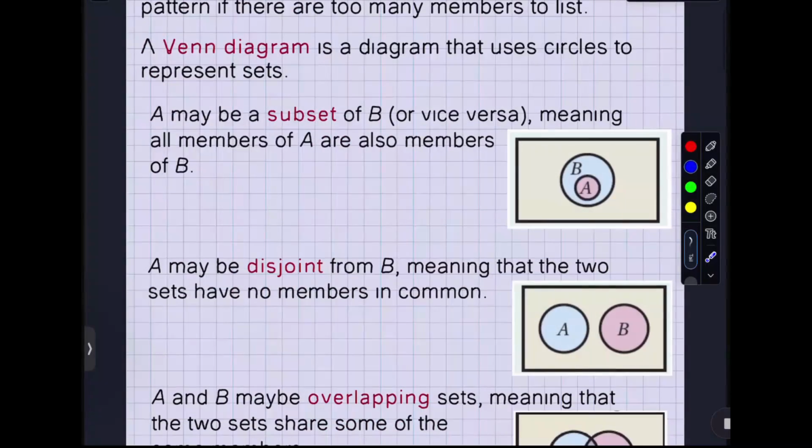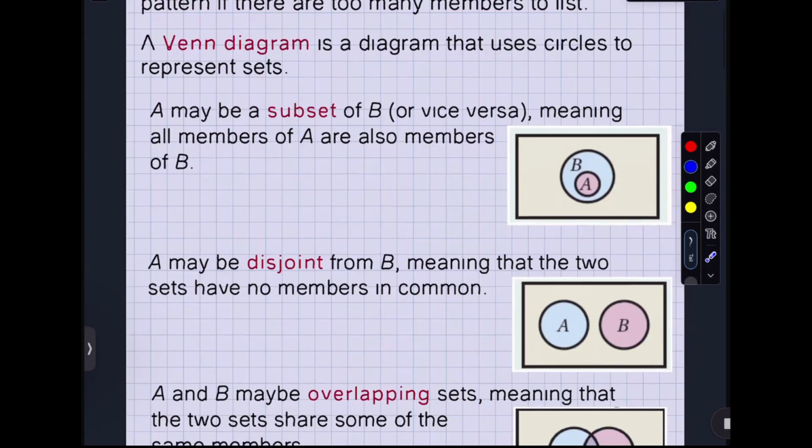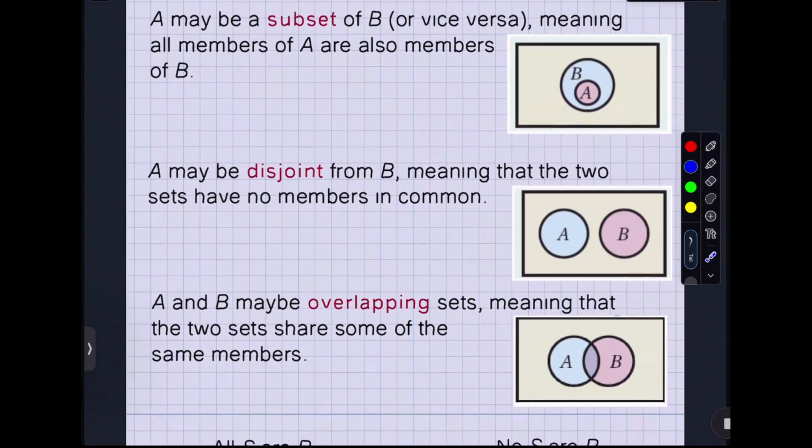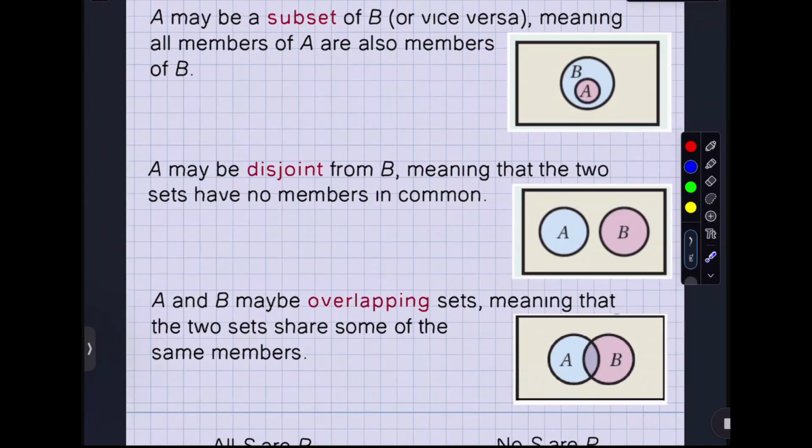A Venn diagram is just using circles. So if I look at the first picture there, it says that A is a subset of B, because A is inside of B, so A is only a part of B. So it's a subset of B. The second picture says they're disjoint.